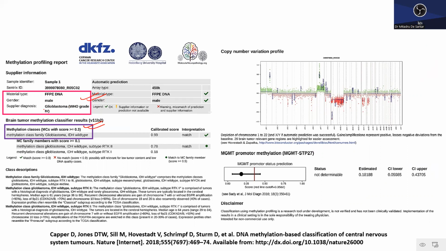It confirmed your diagnosis of glioblastoma, and in addition, it also gave you the finding that it's IDH-wildtype. So thus it helps to further pinpoint the diagnosis of glioblastoma into a certain category of glioblastoma, which is advocated by WHO.